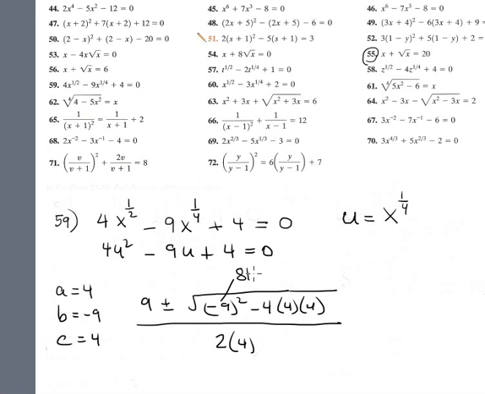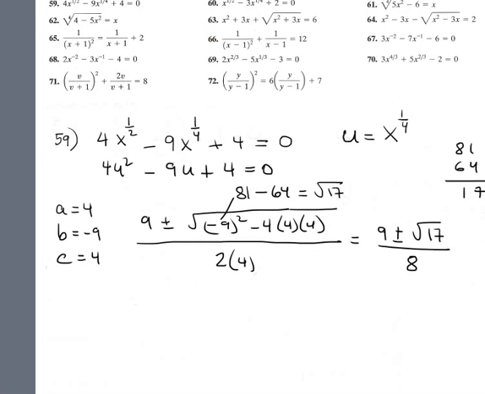This is 81 minus 64, because 4 times 4 is 16, times 4 is 64. And 81 minus 64 is 17, so square root 17. This is 9 plus or minus square root 17 divided by 8.